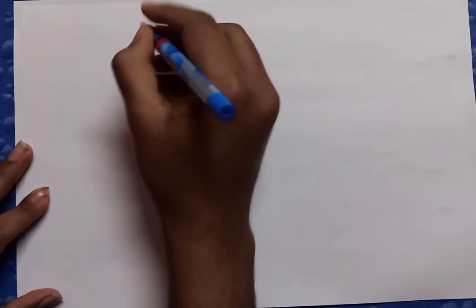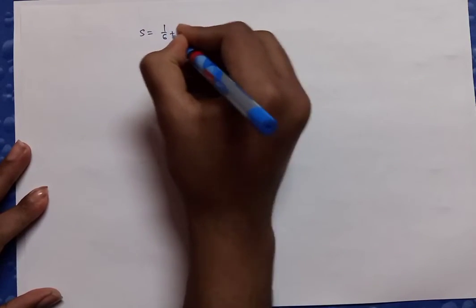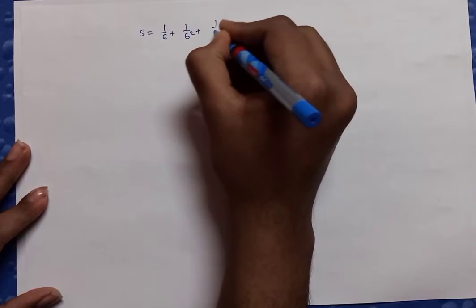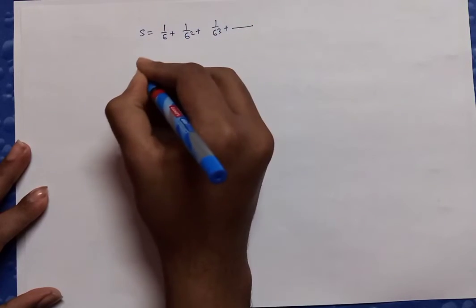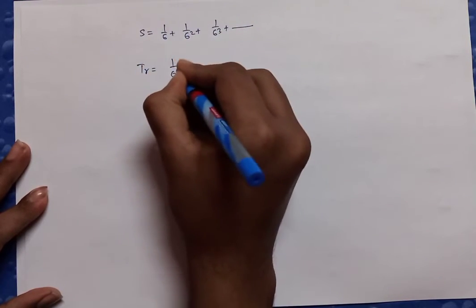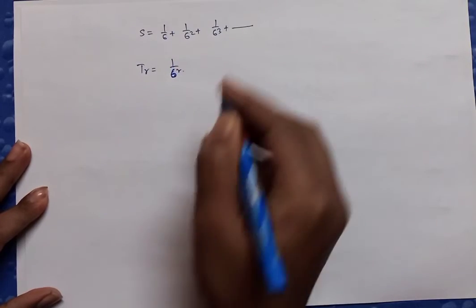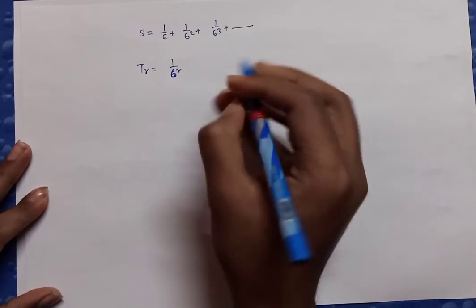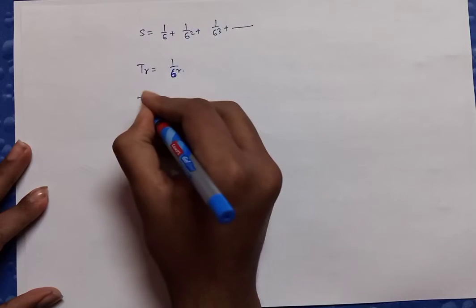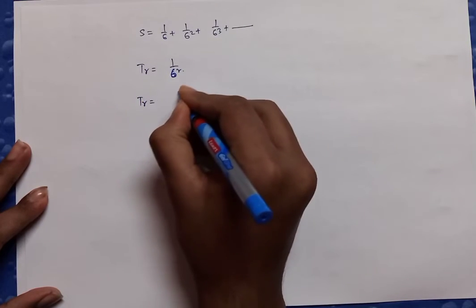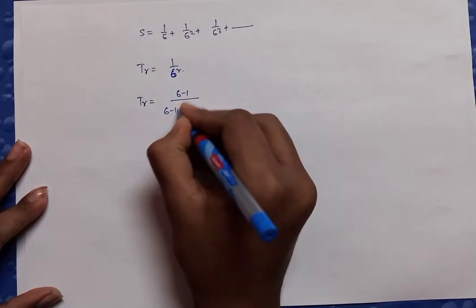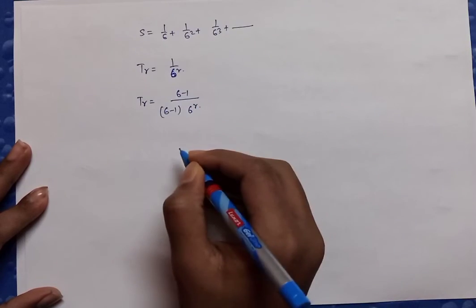For example, if I take S equals 1 by 6 plus 1 by 6 square plus 1 by 6 cube dot dot dot till infinity. T_r equals 1 by 6 raised to the power r, now you can multiply and divide by 6 minus 1. T_r equals 6 minus 1 divided by (6 minus 1) times 6 raised to the power r.